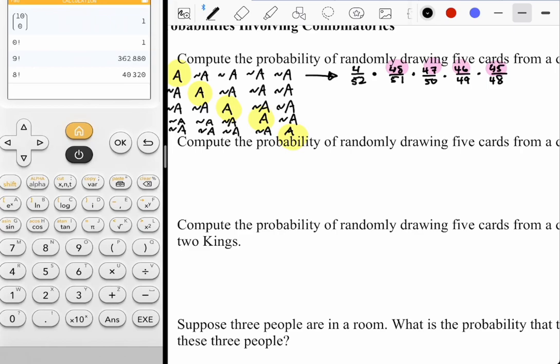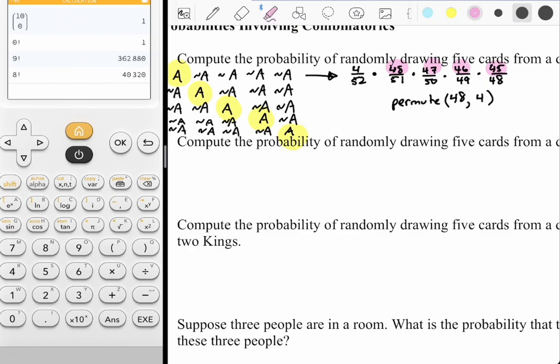So what we do here is we say that we're going to permute. Remember, the parameters for permuting are how many individuals are available, and how many positions are available. We have 48 cards available. I highlighted 4 things, so there are 4 positions available.